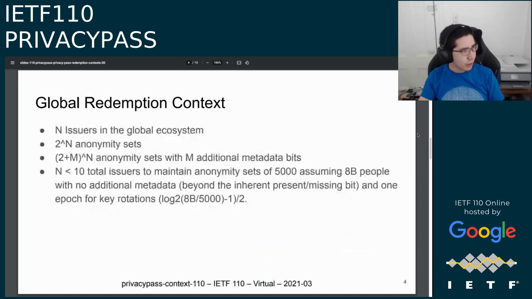Next slide. This is mostly a copy of the math that was in the previous one. But any minimal values very quickly require us to limit the number of issuers within this global context to a very small number, which introduces centralization concerns and makes the ecosystem very tight and unable to have much flexibility. Next slide.